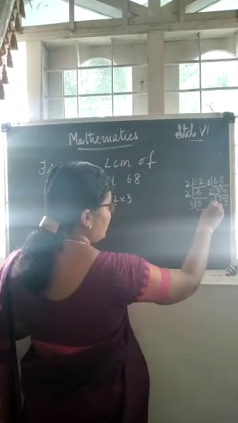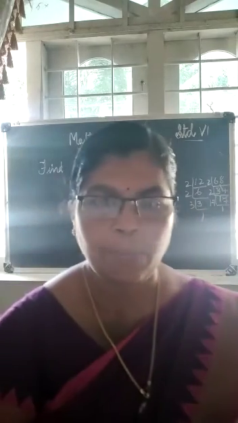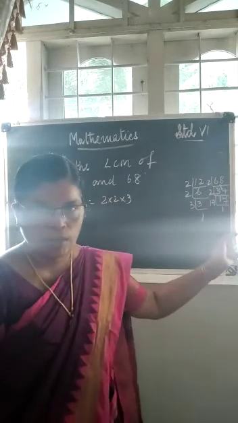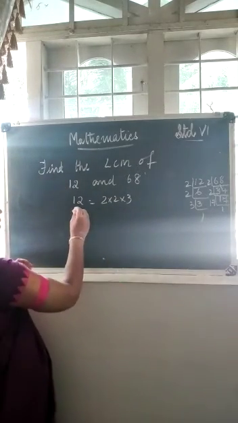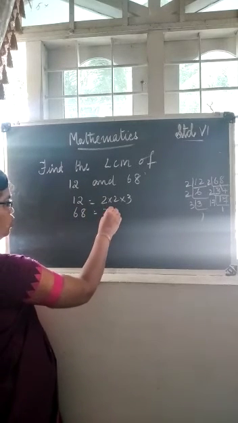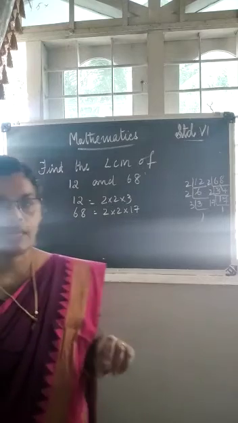So 17 is a factor. 17 is a prime number. Again we cannot factorize. So 17 by 17 only we can divide. Right? So 17 one time. So the prime factors of 68 are 2 into 2 into 17. Okay? These are the factors.